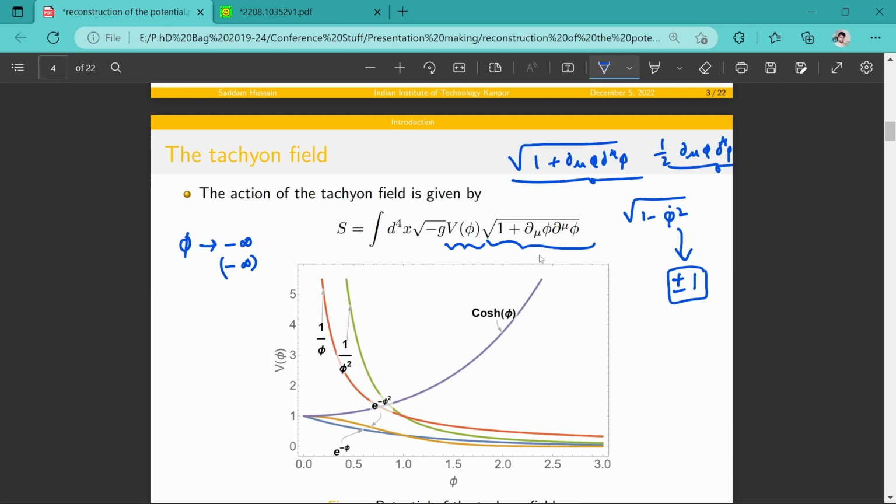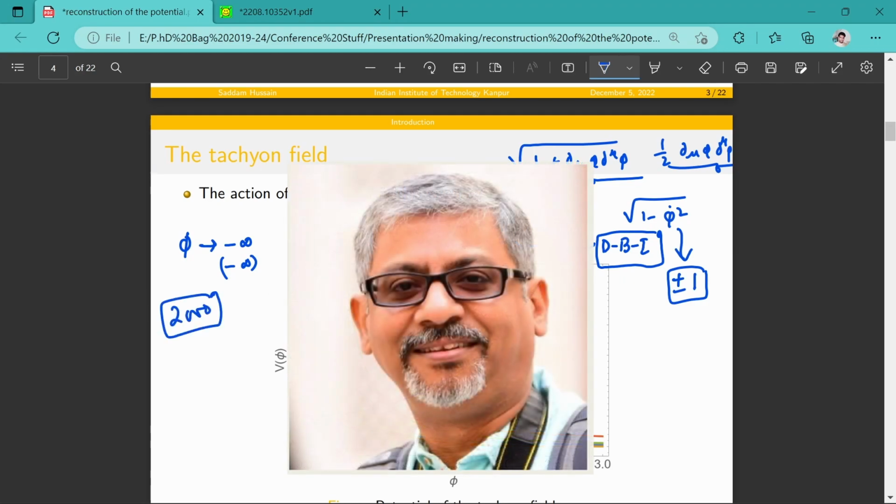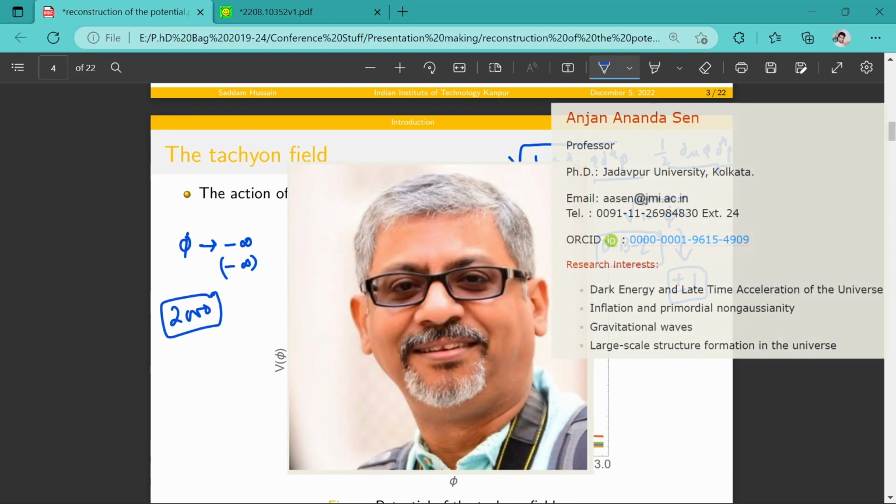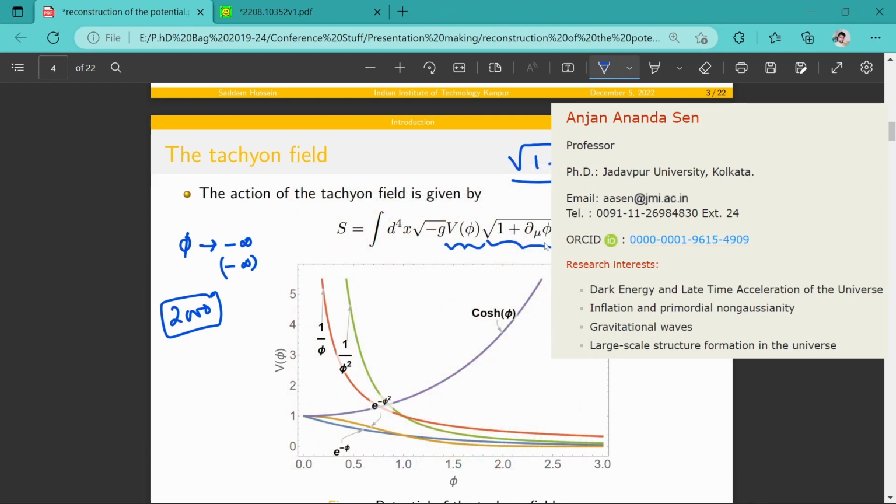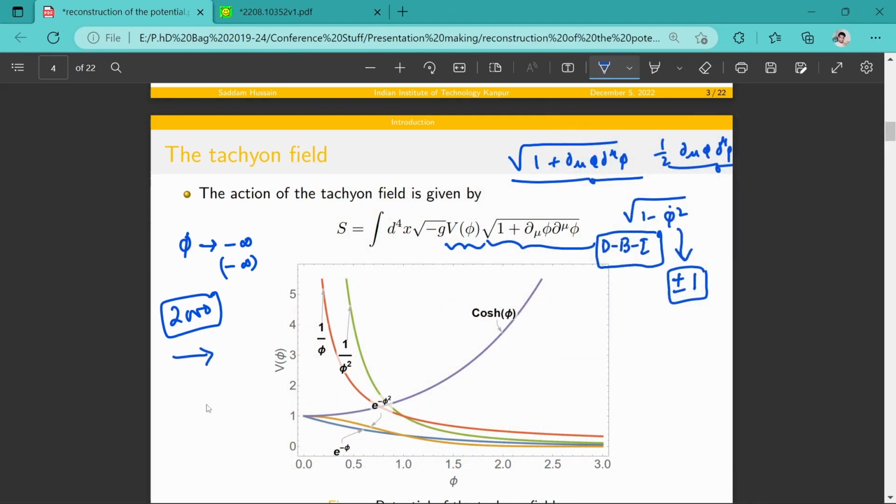Because of this kind of characteristic, it acts like a DBI field, meaning a Dirac-Born-Infeld kind of field. The origin of the field comes from the decay of some D-brane strings, and this action has been identified in string theory. And around 2000, Anjan Ananda Sen showed that if you are studying the tachyon field, then at late times it can behave like pressureless classical dust.